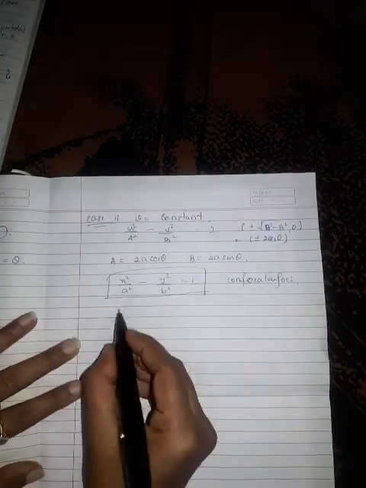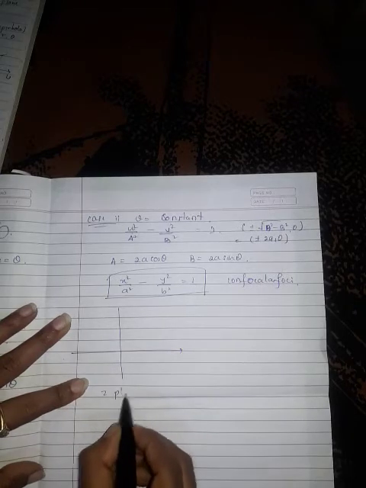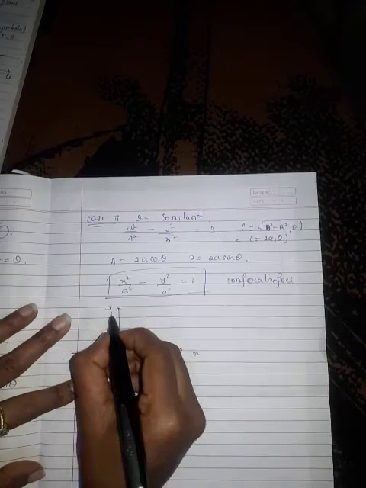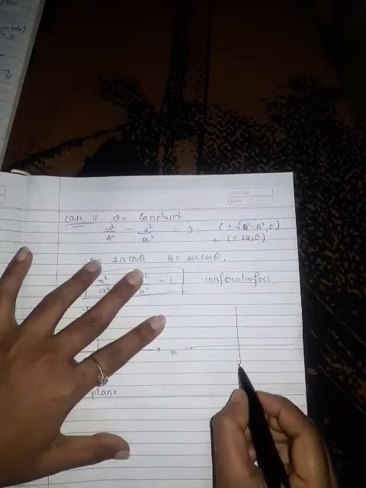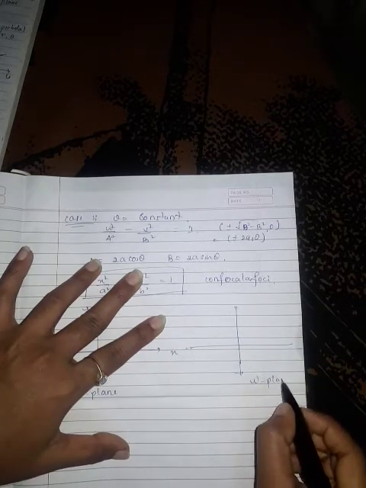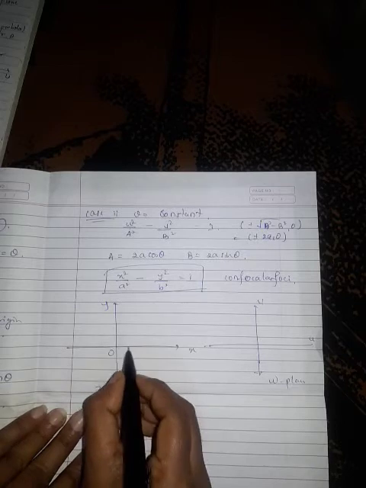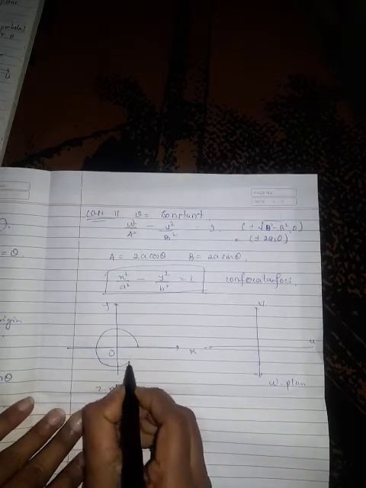So we can see a graph here. This is the z plane, x, y, 0, and take this as the w plane, u, v. As we know, when r is equal to constant, we will get a circle with center origin and radius r.